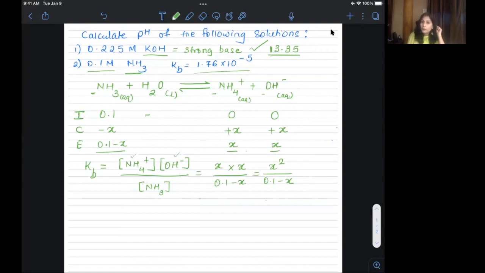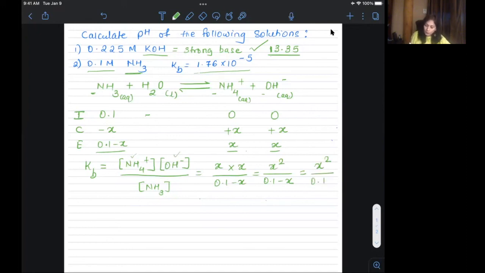And if the value of X is small, we can conveniently disregard this X value when we are subtracting it from 0.1, because 0.1 minus, let's say, 0.00005 is going to be a very small number, right? It's not going to be much of a difference. So we can definitely write this as X squared divided by 0.1.